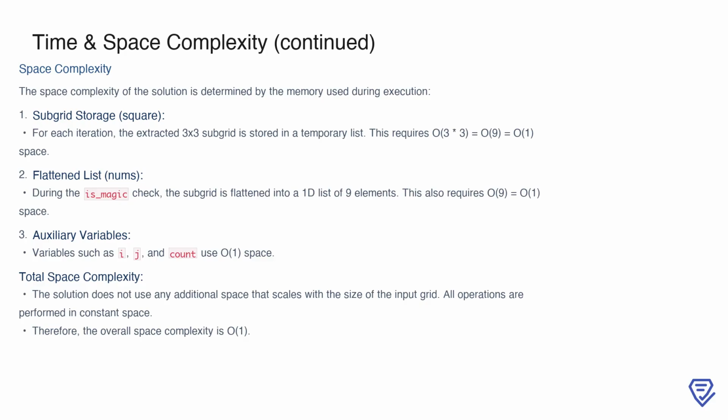Additionally, auxiliary variables like the loop indices and counters use a fixed amount of memory, which is again O(1). Importantly, the algorithm does not allocate any space that scales with the size of the input grid. As a result, the total space complexity of the solution is O(1), signifying that the memory usage remains constant, regardless of the input grid size.